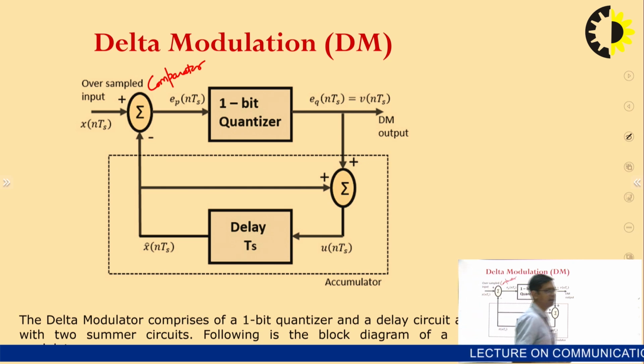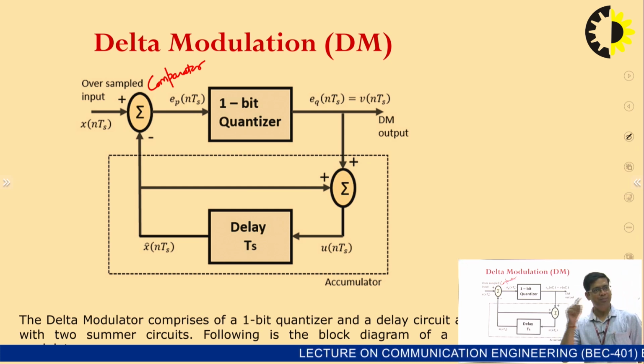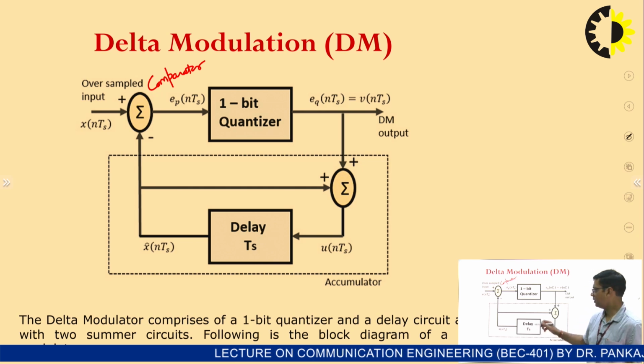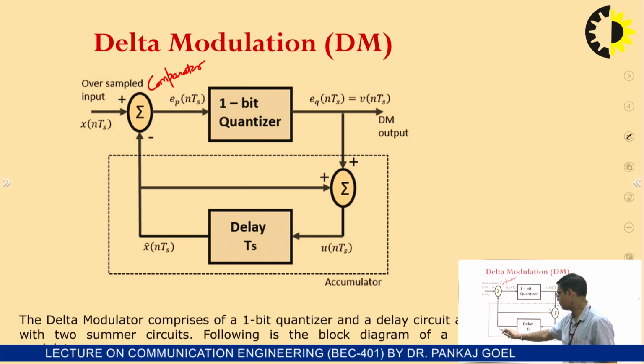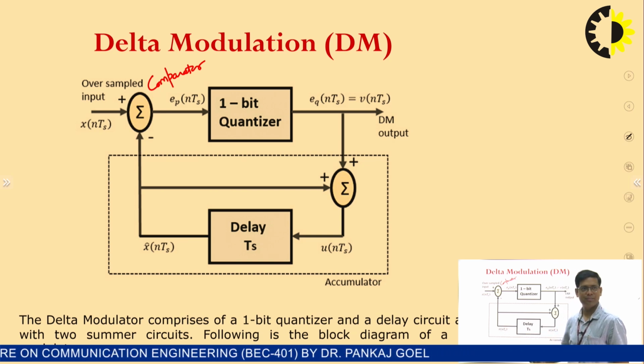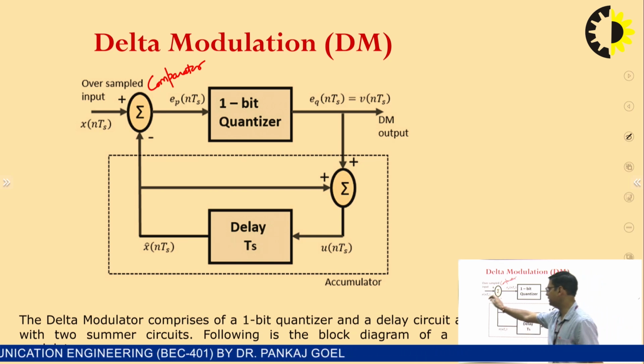In this comparator circuit, we are comparing the incoming message signal with the output of this delay section. This is denoted by X cap, and the incoming signal is X.